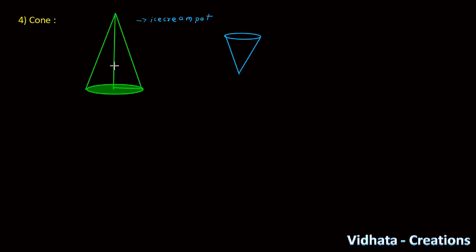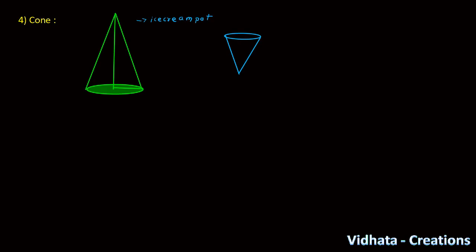Now, by using mensuration, let us try to calculate the total surface area and volume of this cone. For that, you already know that in the case of a right circular cylinder, there are two types of surfaces.